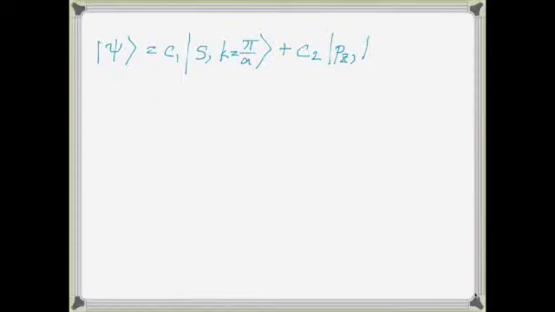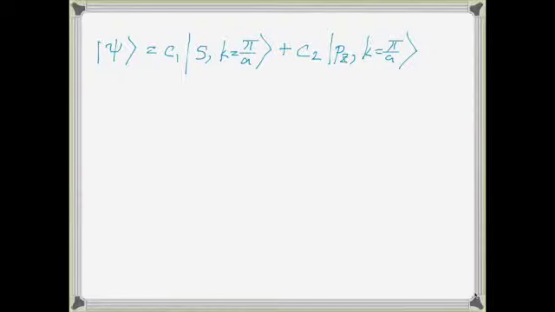So I'm going to get whatever these C1 and C2 values are, and then psi is equal to C1 s, k equal to pi over a, plus C2 pz, k equal to pi over a. That's going to be my wave function, whatever C1 and C2 come out to be.